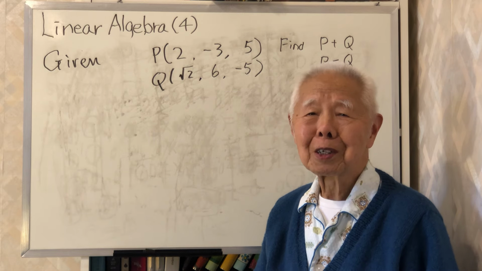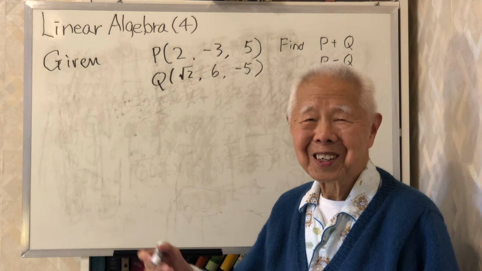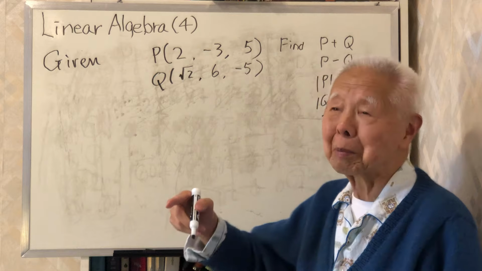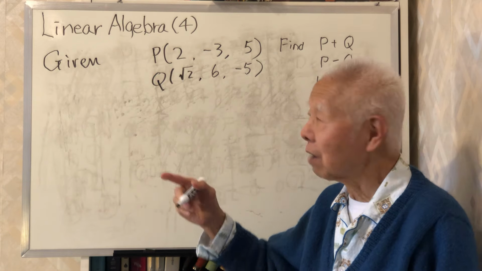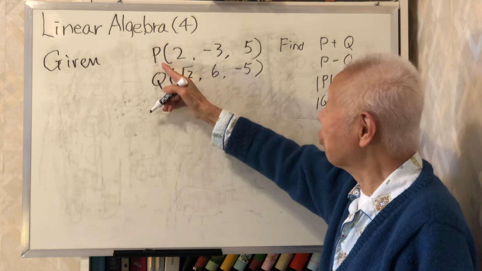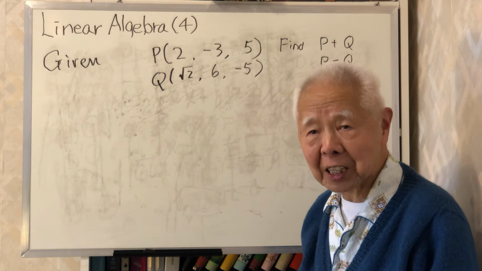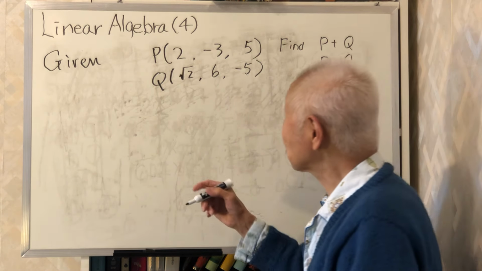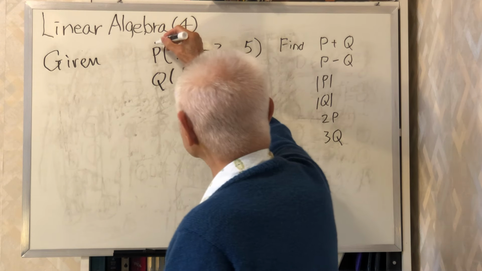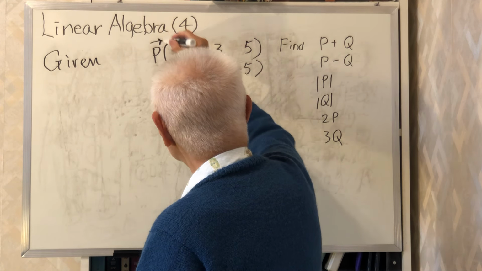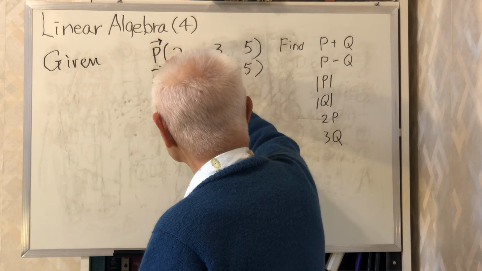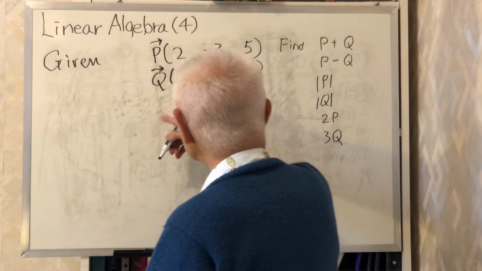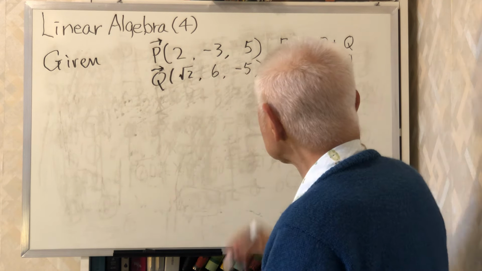It's not convenient. So boldface represents a vector. To show this is a vector, maybe I should put an arrow above it. The vector P is from the origin to this point.